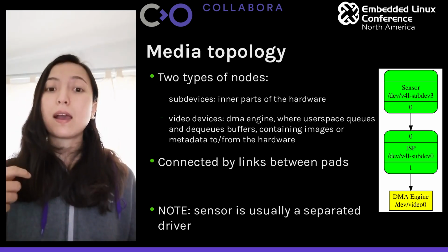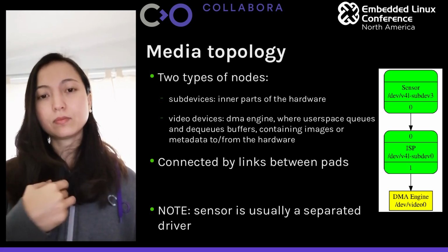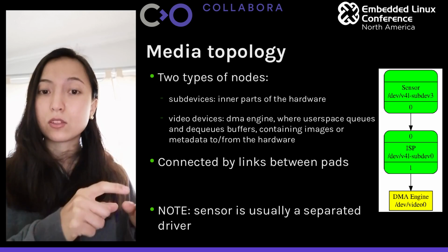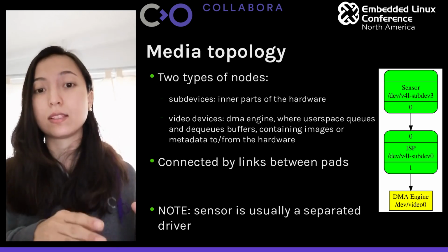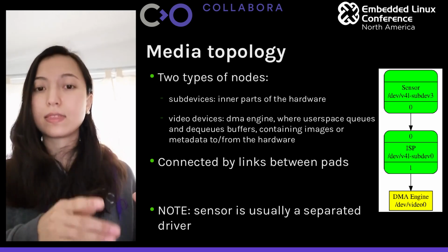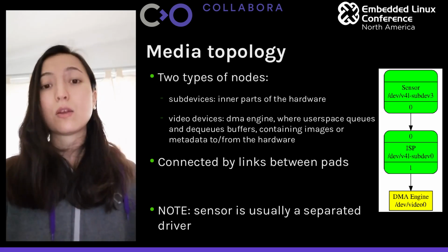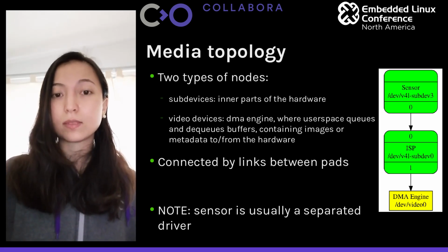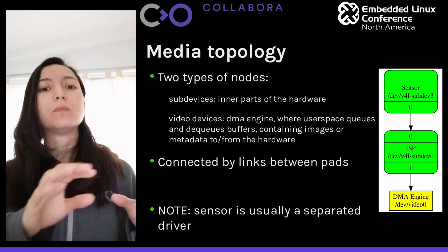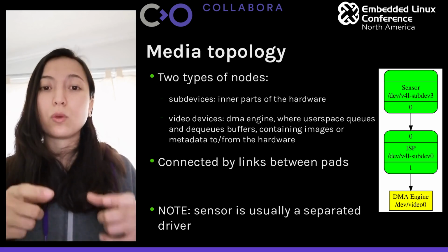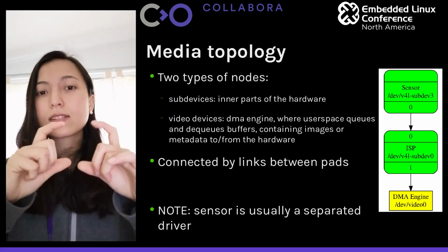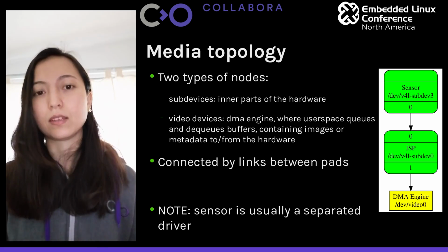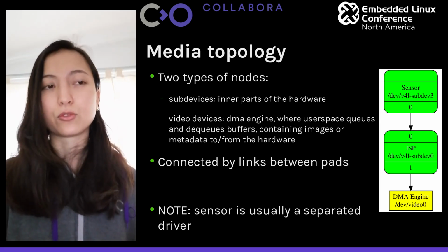So in my development setup, I have the same sensor that can be used with the Raspberry Pi that we saw in the previous image, but I use it with the Rockchip board. So the sensor is the same, but the ISP driver is different.